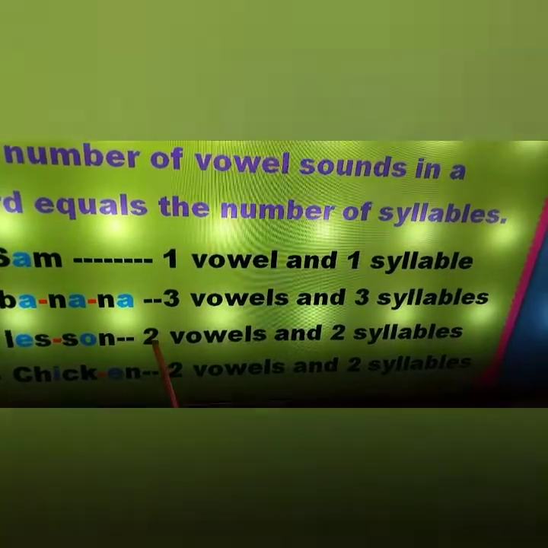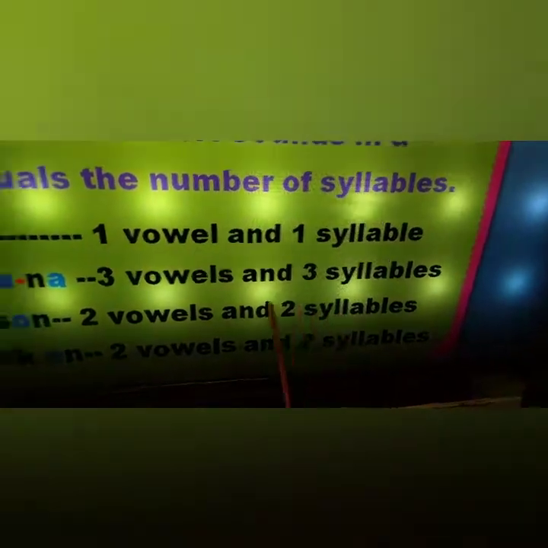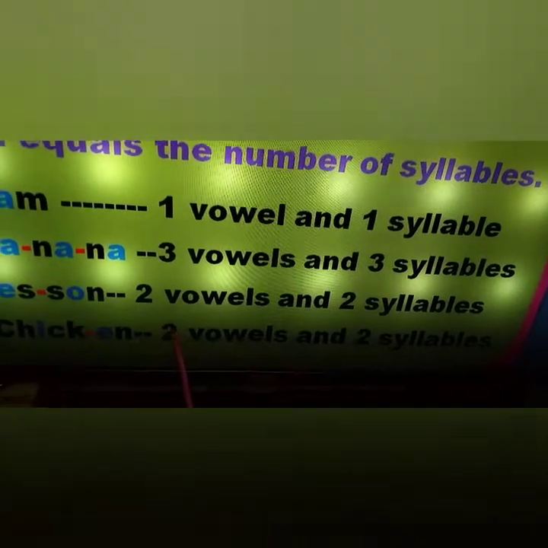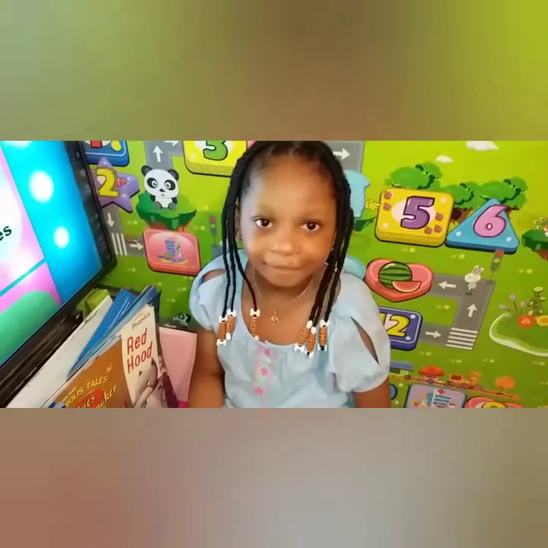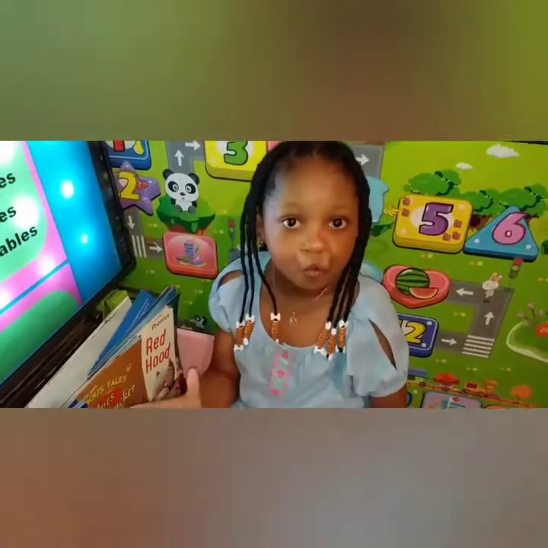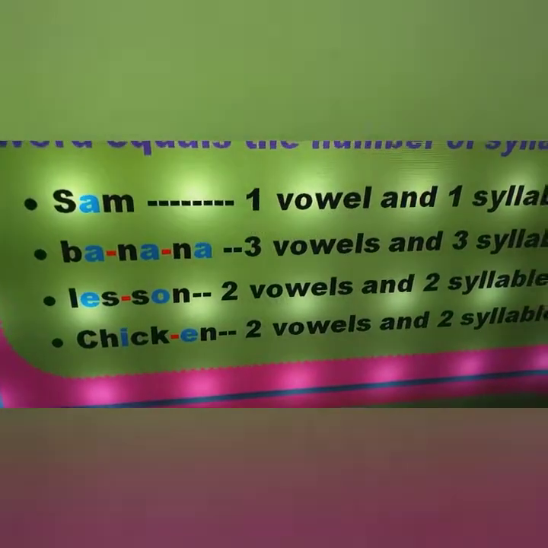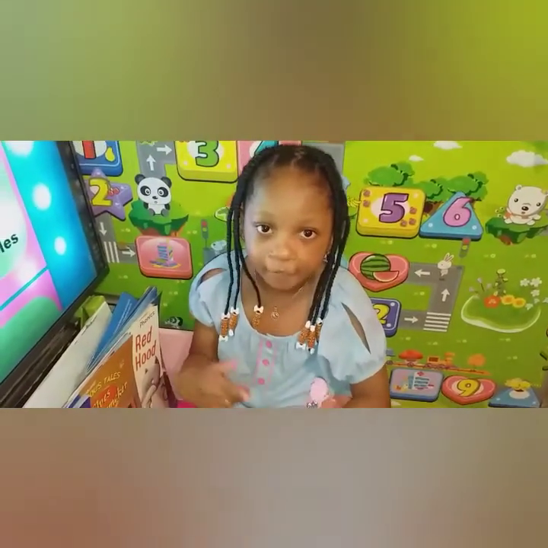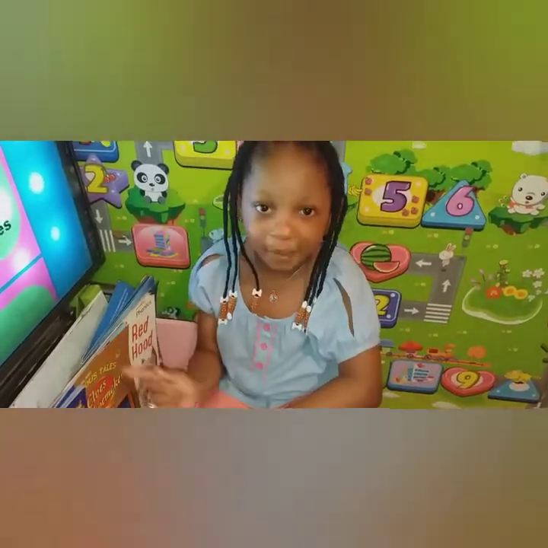It has 2 vowels and 2 syllables. Chicken. It has 2 vowels and 2 syllables. If you look carefully, you will realize that the vowels are in blue. The dash in red is used to separate the words into syllables.